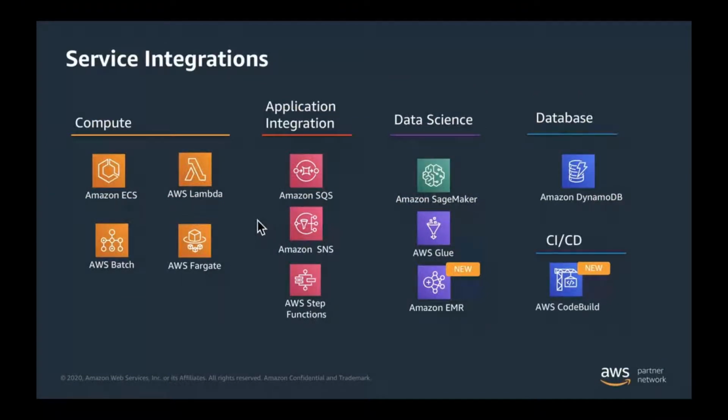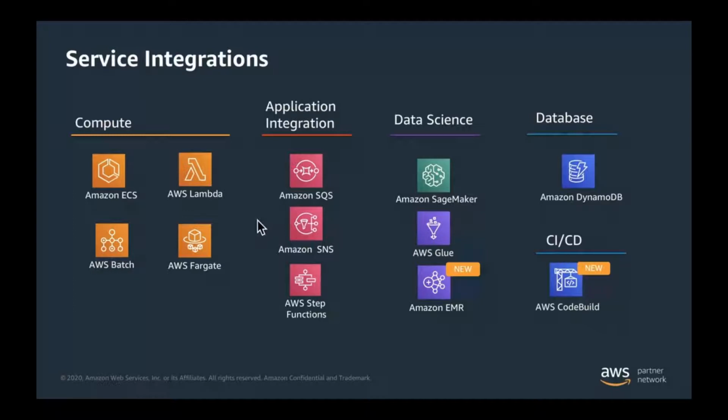These are the service integrations that we support. The main reason people use Step Functions is to orchestrate other services. So we support ECS, Fargate, Lambda, and Batch for compute. In terms of ways to integrate applications together, we support SQS, SNS, and Step Functions invoking itself.